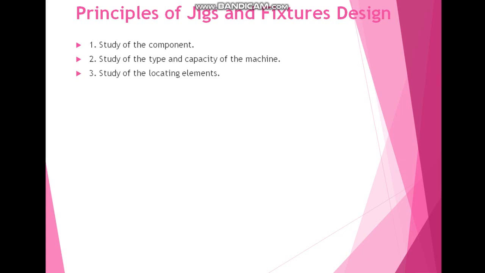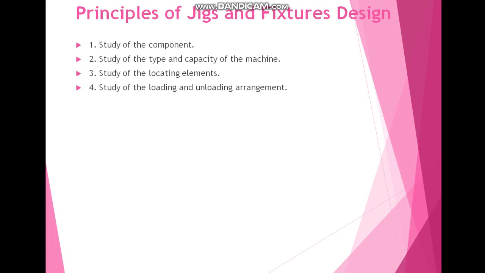Next we have the study of locating element. So in fixture, first of all we need to study the locating element which is used to locate the workpiece inside the jig and fixture. Fourth point represents the study of loading and unloading arrangement.